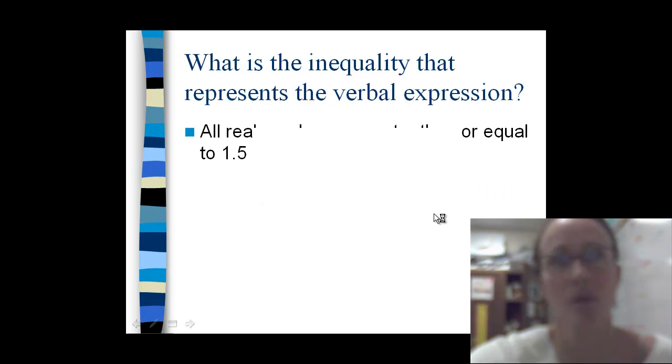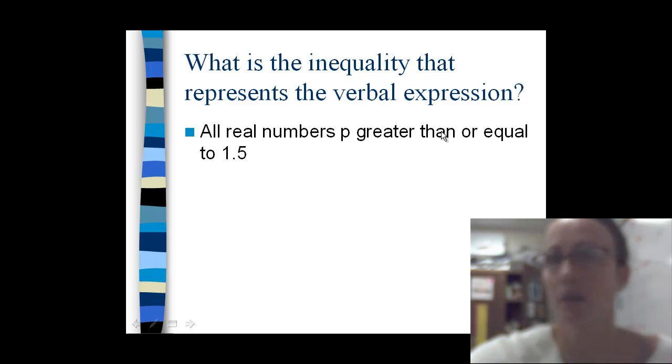The question is, what is the inequality that represents the verbal expression? So we want to have all real numbers P greater than or equal to 1.5. So we just want to say all numbers, and they're telling us what variable to use here. P is the variable we're going to use, and we want to use greater than or equal to. So we're just going to simply write our P, and we're not using the L symbol, we're using the other one.